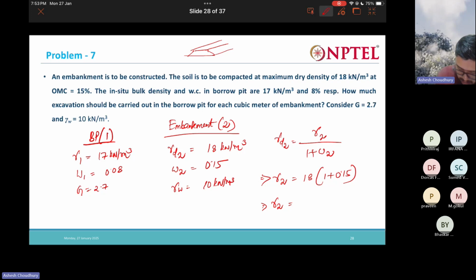Gamma 2 is 20.7 kilonewton per meter cube. So this is the bulk unit weight that you have to have for the embankment. We had the dry unit weight, I just calculated the bulk unit weight.